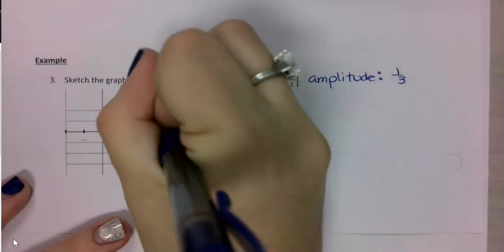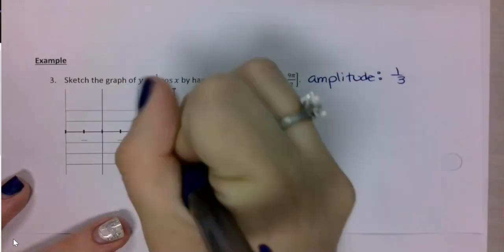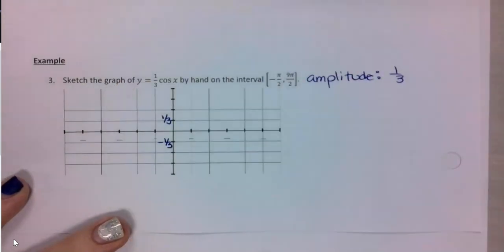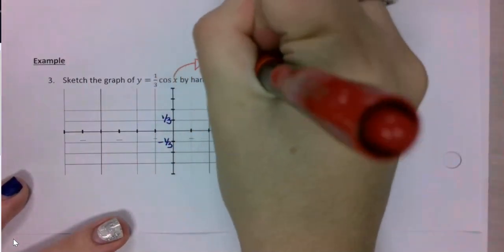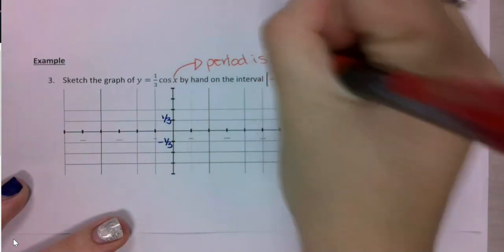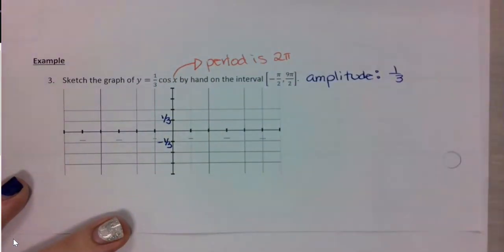So this means I want to be 1/3 tall. Then I want to find my key points. So my period here is, because this is just a regular x, going to be 2 pi again. Yeah, it's based on the x.